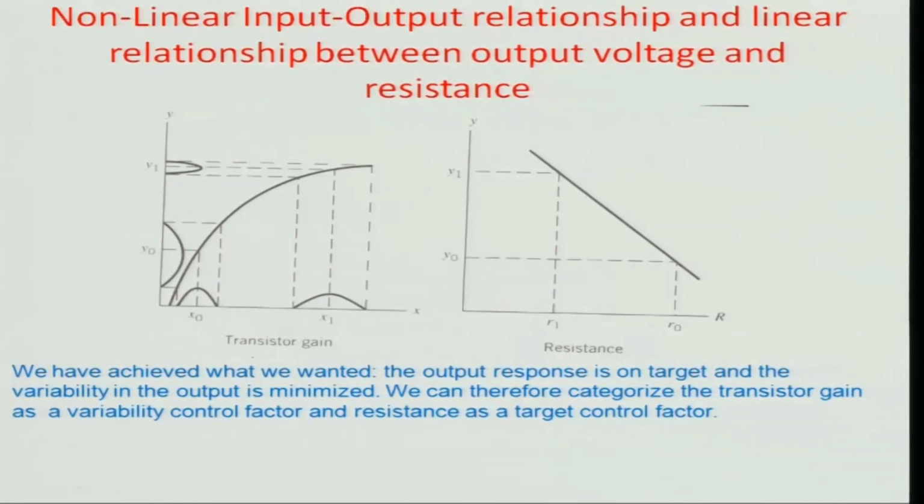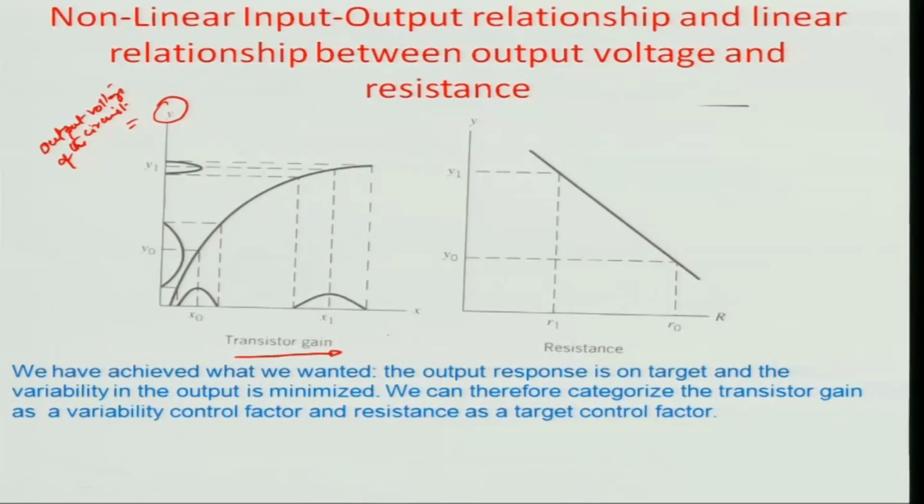This is how you can vary Y, which is the output voltage of the circuit, and this is the transistor gain.